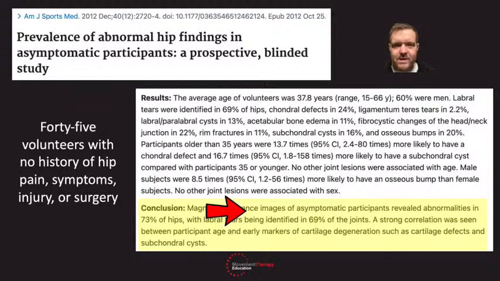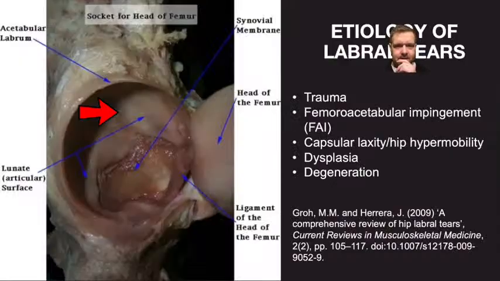So magnetic resonance images, so MRI of asymptomatic participants revealed abnormalities in 73% of hips. So you are very likely to have these changes. Again, it's one of those things we've talked about. Normal and not normal. These are the things that are seen quite frequently in asymptomatic people.